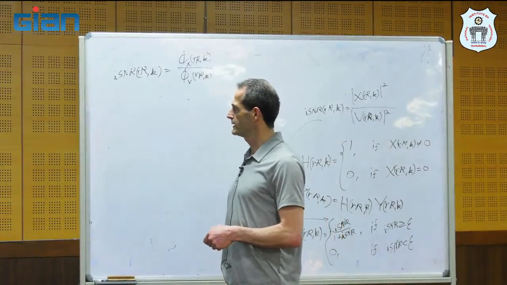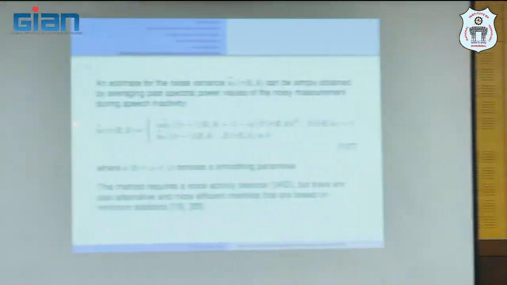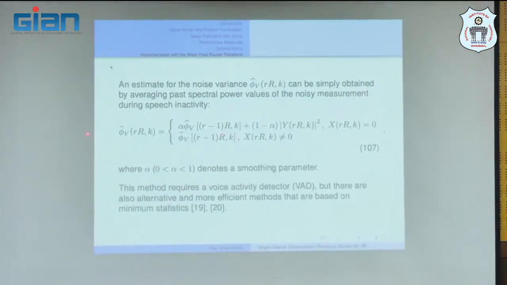So if the noise is stationary or changing slowly, not too fast, then recursive averaging during inactivity of the speech is a nice way to estimate the variance of the noise, the denominator. The main problem with speech is to estimate the numerator, the variance of the desired signal, because it changes very quickly.